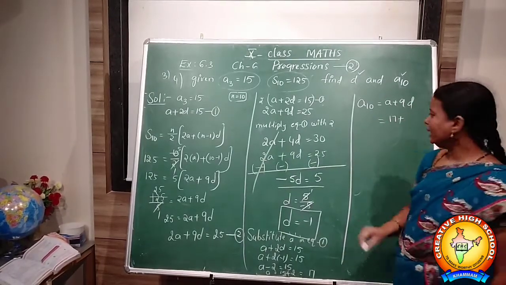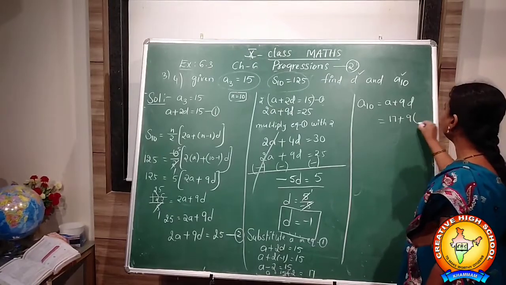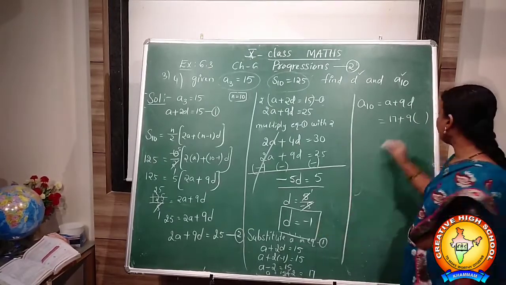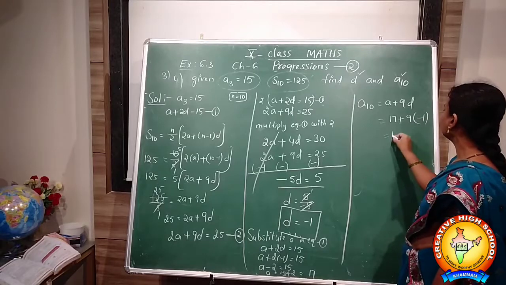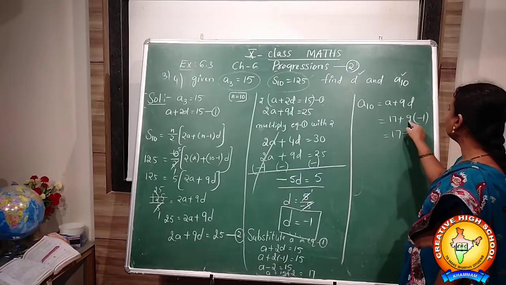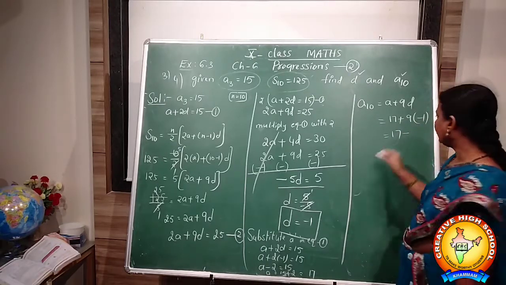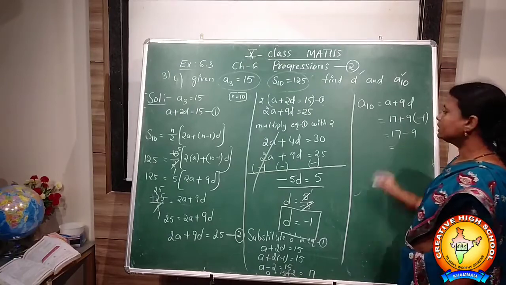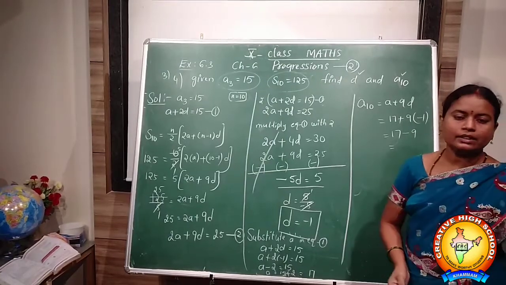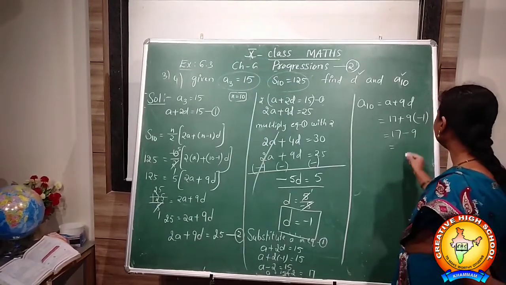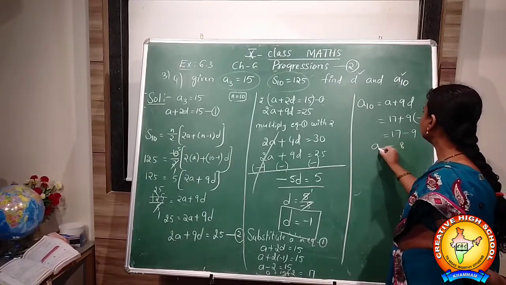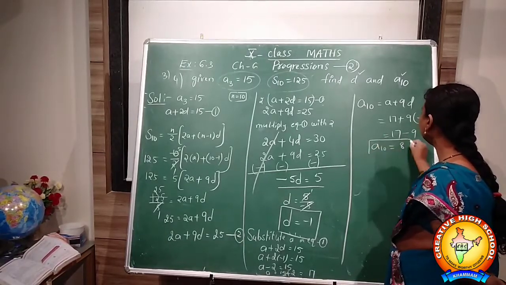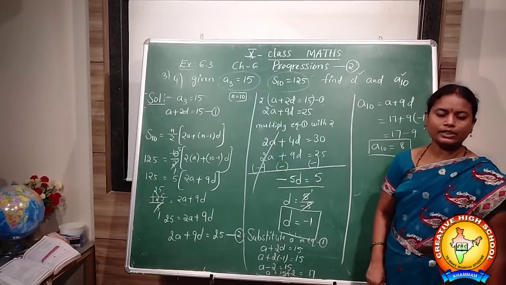See here, the a value we got is 17, plus 9 into the d value. What is the d value? Minus 1. 17 minus 9 ones are 9. So 17 minus 9 will become 8. So a10 is equal to 8. Do you understand?